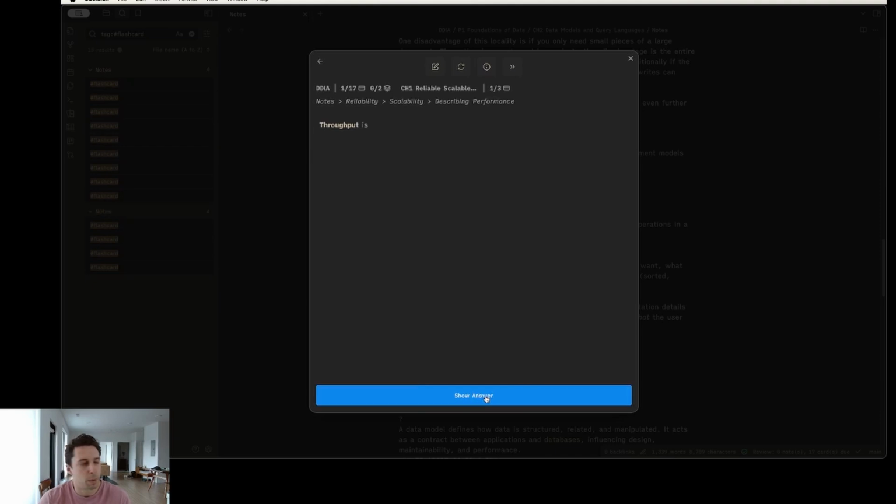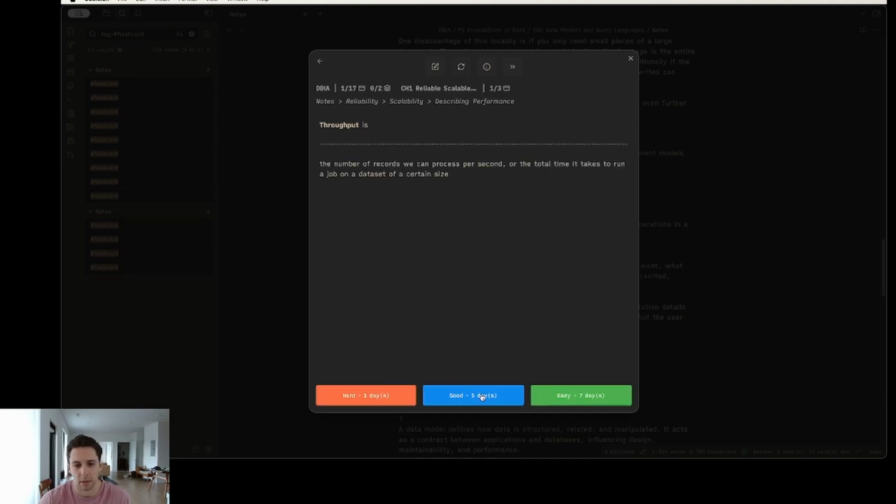So now, throughput is the amount of something over time, the amount of actions it can take.